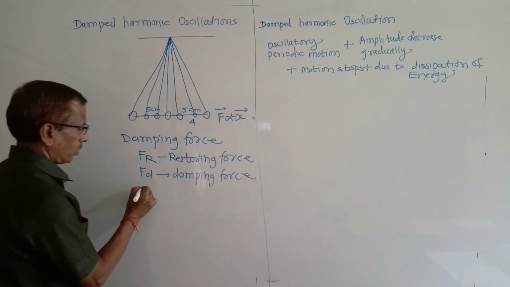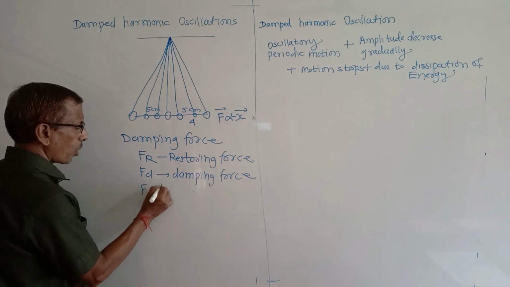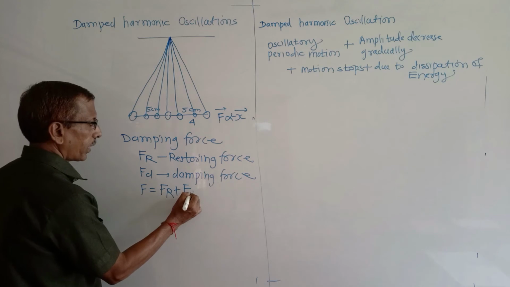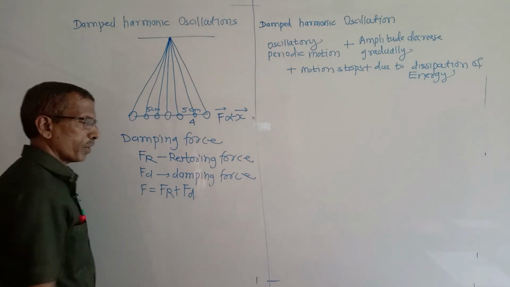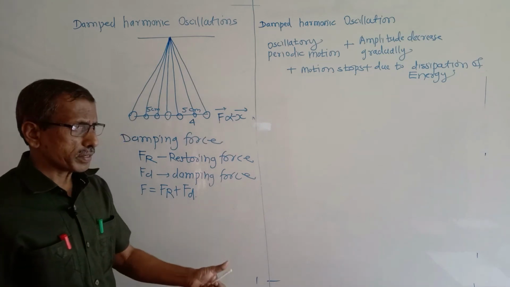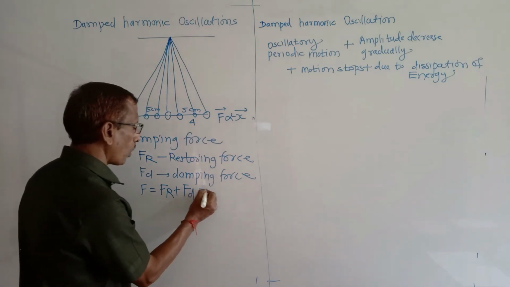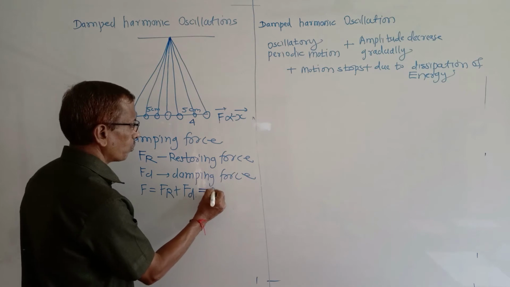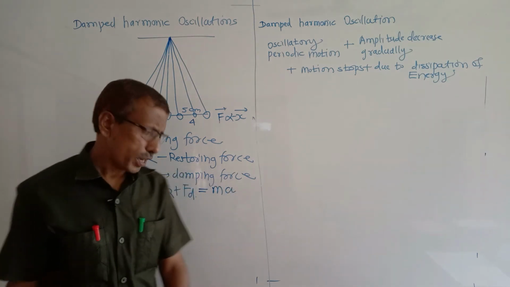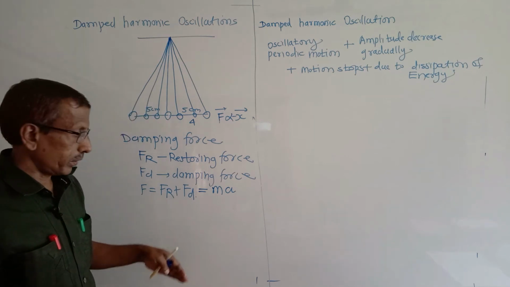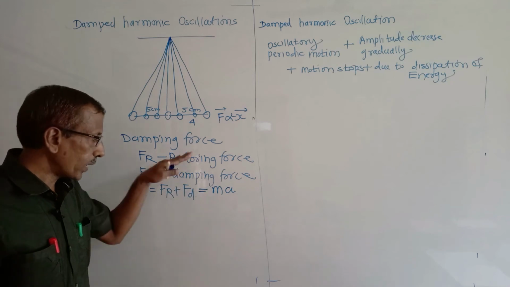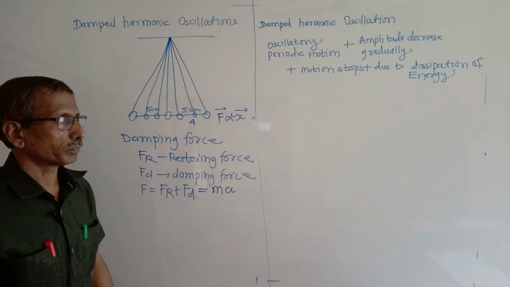And so the total force acting on the body is the sum of the restoring force and the damping force. So F is equal to Fr plus Fd, and according to Newton's second law, F is equal to mass into acceleration. Then we have to find its acceleration, velocity, displacement and amplitude according to this equation.